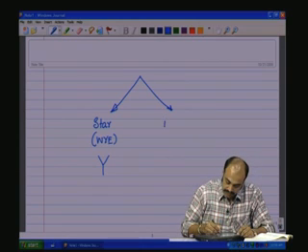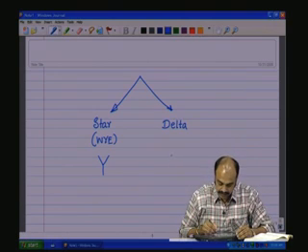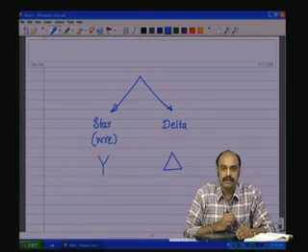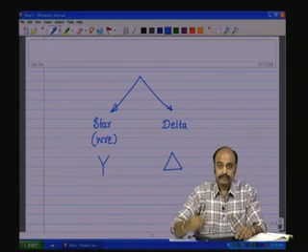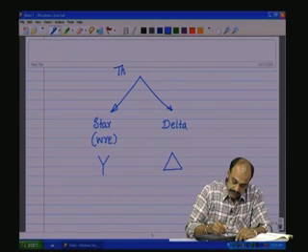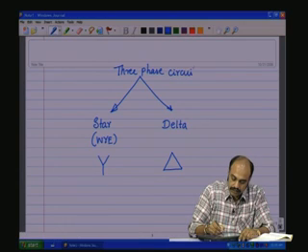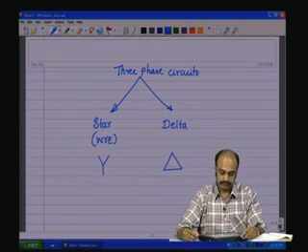And then we have the delta circuit, because the shape of the circuit resembles the Greek uppercase letter delta, it is in that shape. So, all your three-phase circuits will fall into one of these categories.